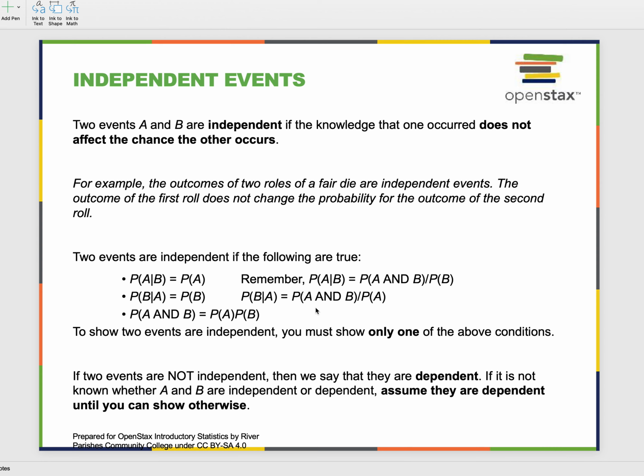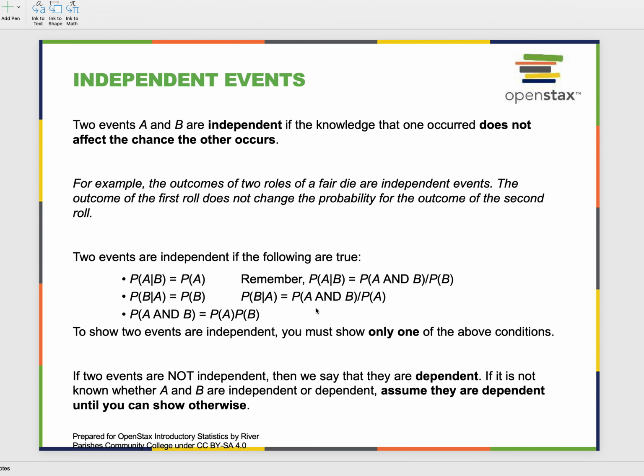Remember that the probability of A given B is the probability of A and B divided by the probability of B. So for that to be equal to the probability of A means that the probability of A and B is equal to the probability of A times the probability of B. If they both happen, you multiply the two together. How does that work?